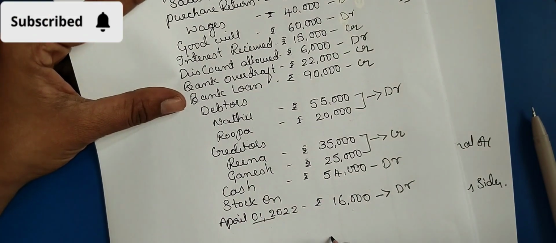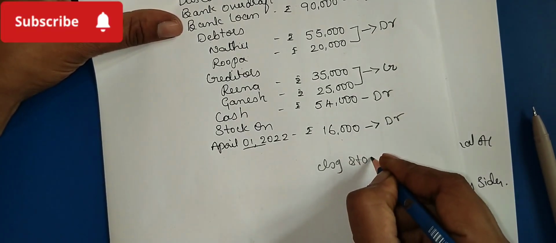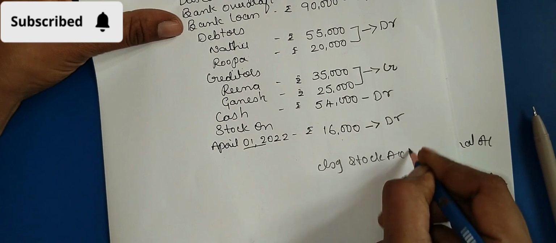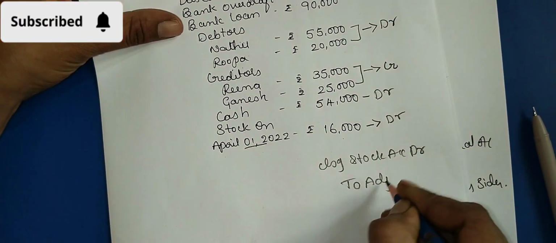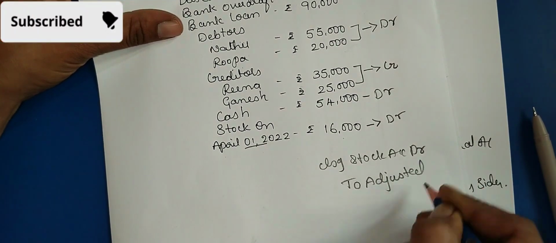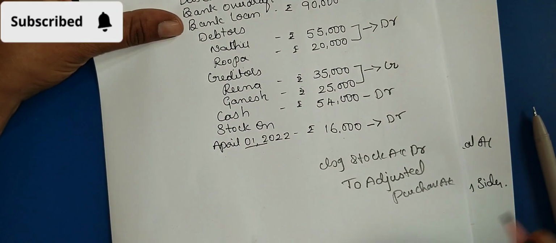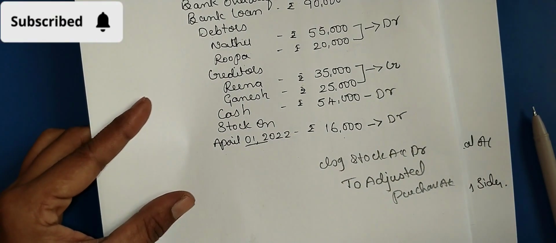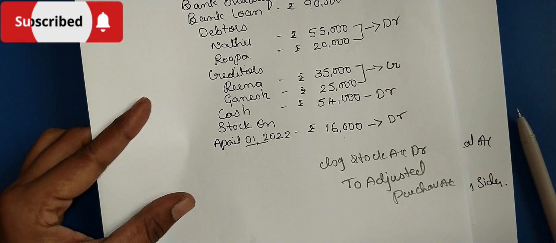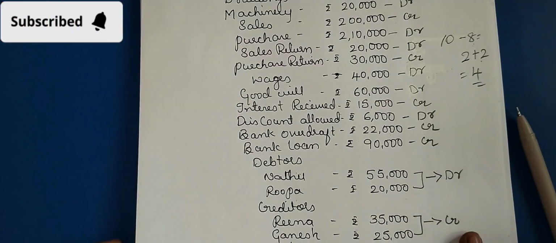That is closing stock account debit to adjusted purchase account. The 1% chance is there to show the closing stock, otherwise we will show it under the credit side of the trading account. Okay, now we will prepare the trial balance account.